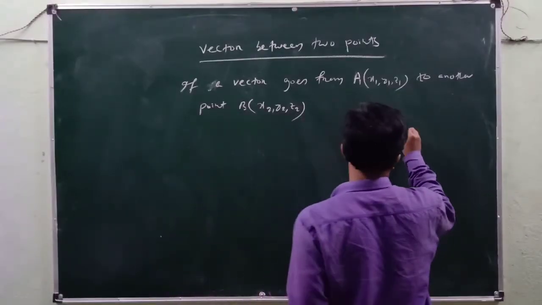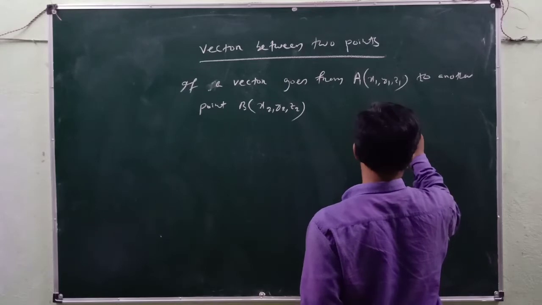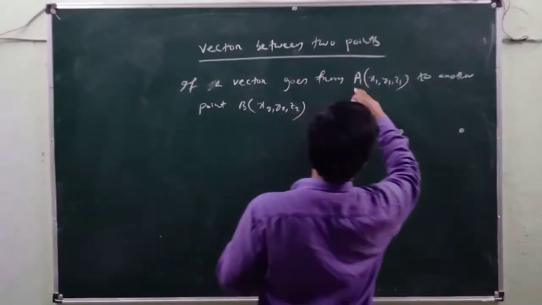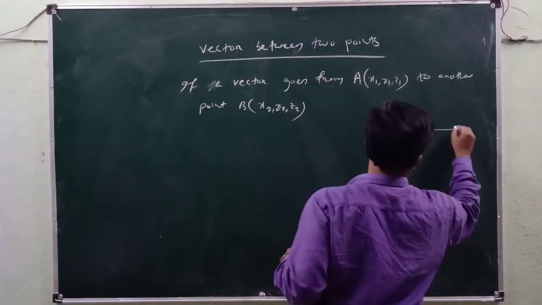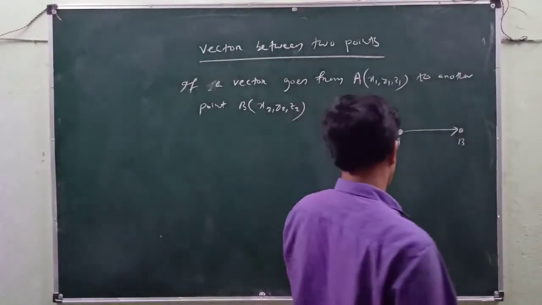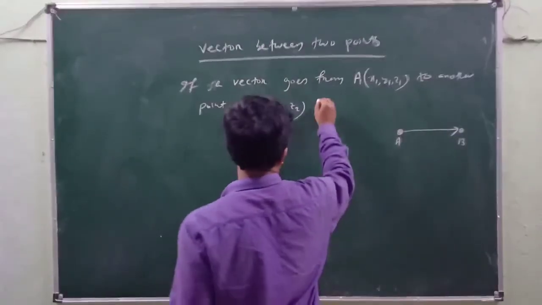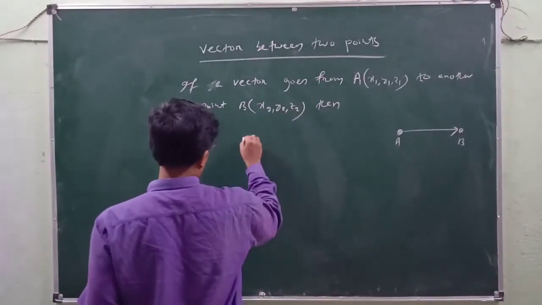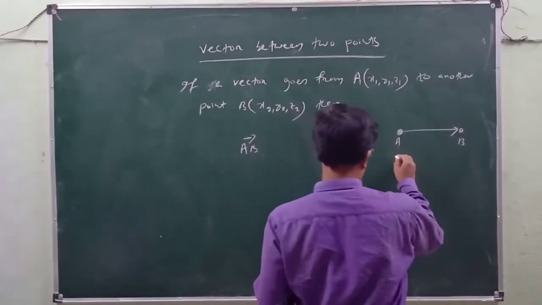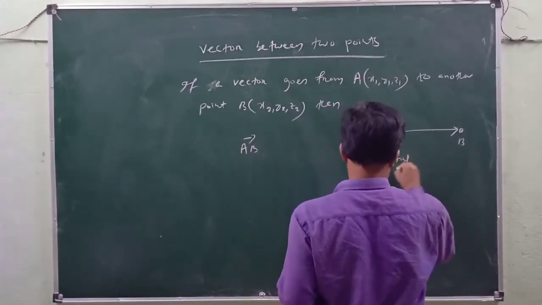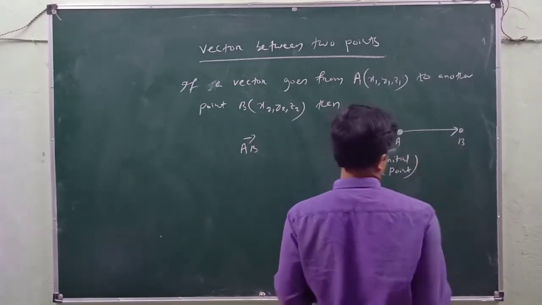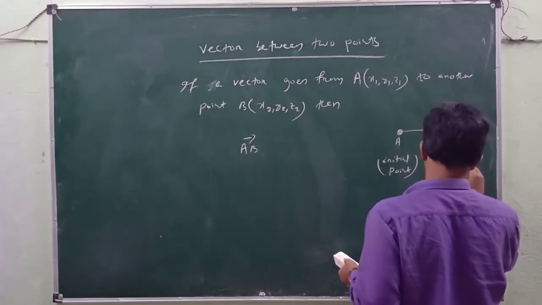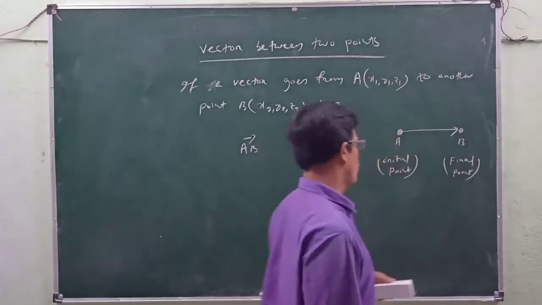That means, look, suppose here this point is A and another point is B. I write here a vector goes from A to B. That means it goes from A to B, then this type of vector is denoted by AB vector. Here A is called the initial point and B is called the final point, or you also call it the terminal point.